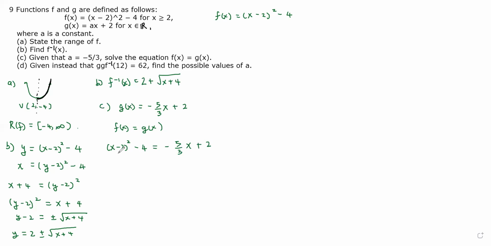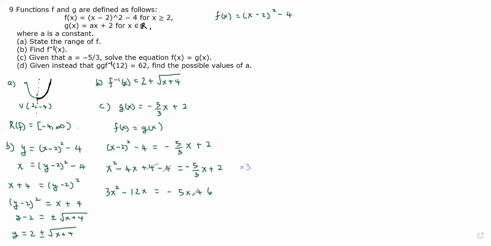Expanding (x - 2)^2, we have x^2 - 4x + 4 - 4 equals -5/3 x + 2. The +4 and -4 will cancel. And to eliminate that 3, we can multiply the equation throughout by 3, so that 3x^2 - 12x equals -5x + 6.